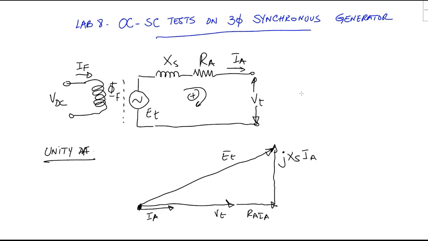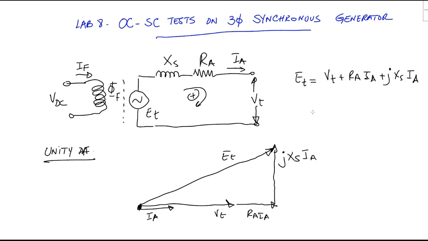So the equation of this induced voltage will be ET equals VT plus RA IA plus J XS IA.